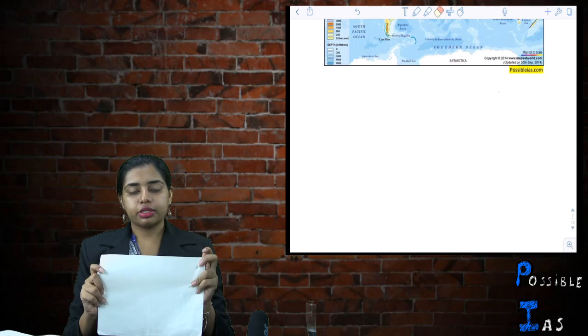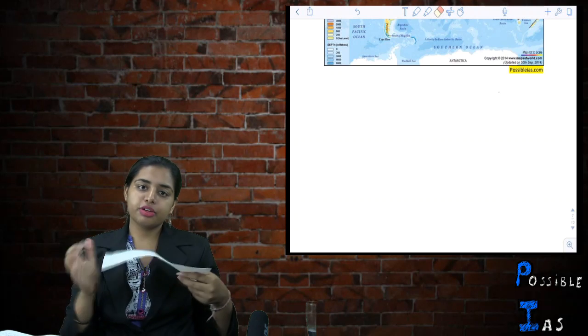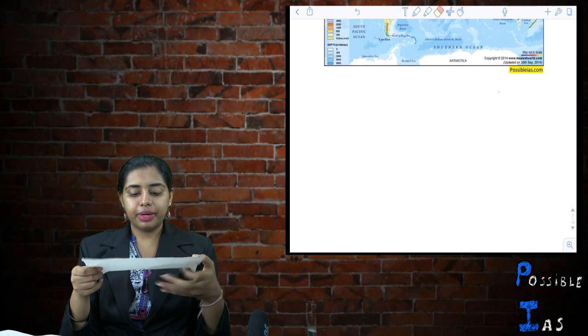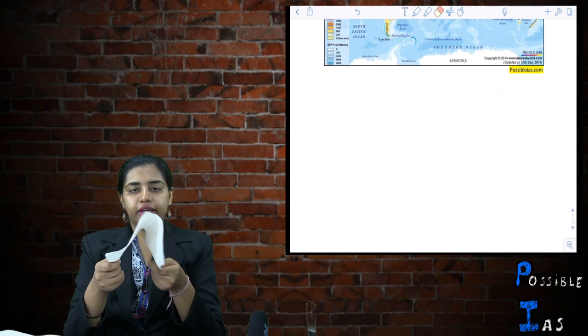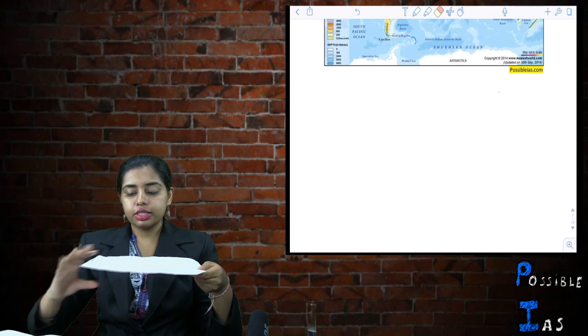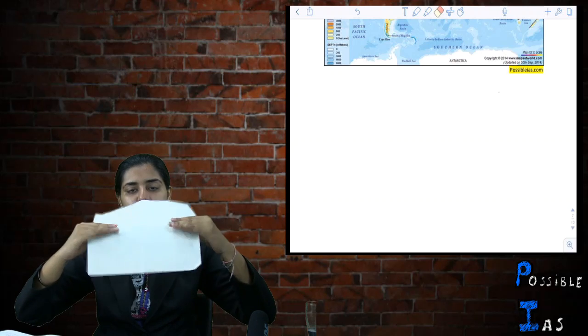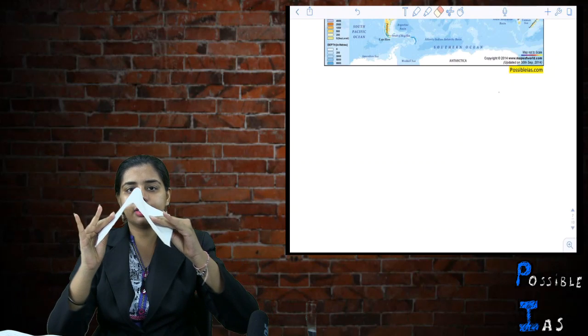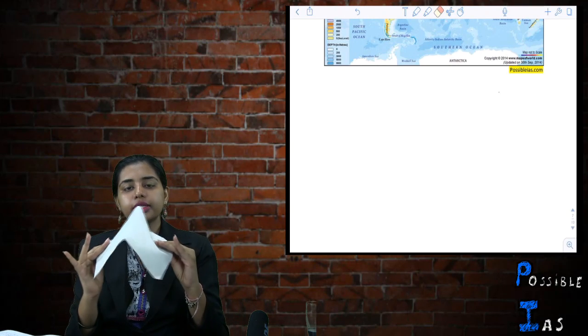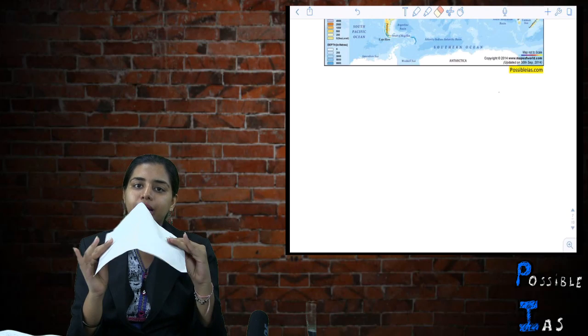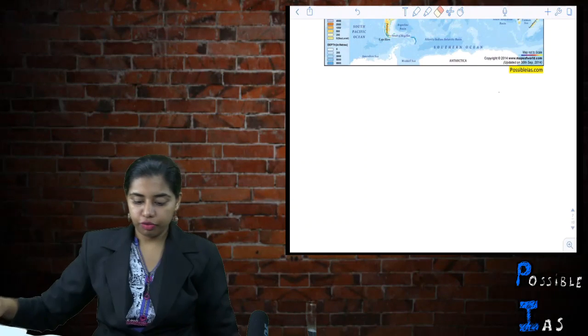So some of those stresses, they tend to compress the surface of the Earth. When something is being compressed, what will happen? A folding will occur, right? So these two forces here, they are trying to compress the Earth. So hence the surface of the Earth, it buckles up. So this buckling of the Earth's surface is known as folding.